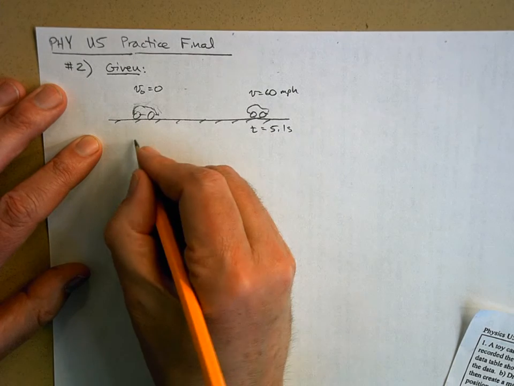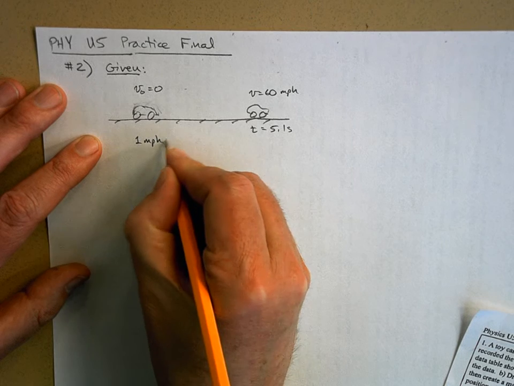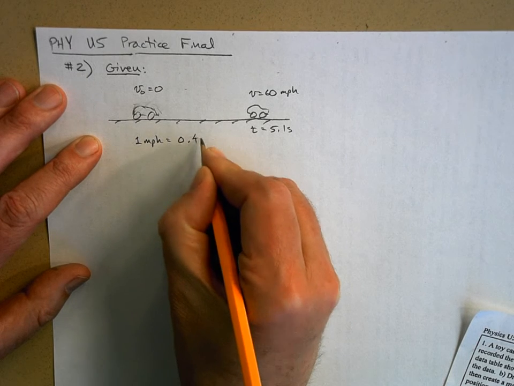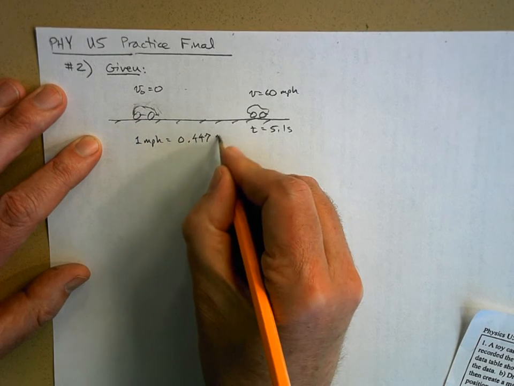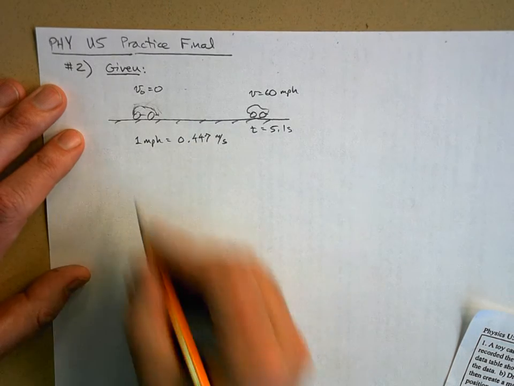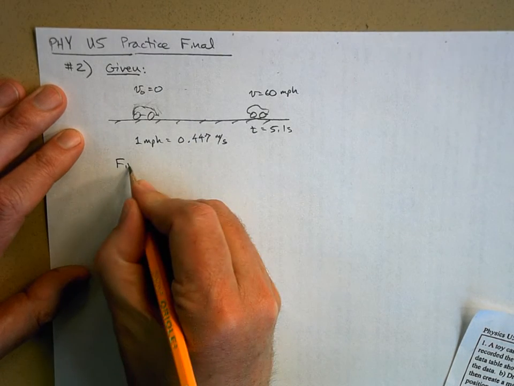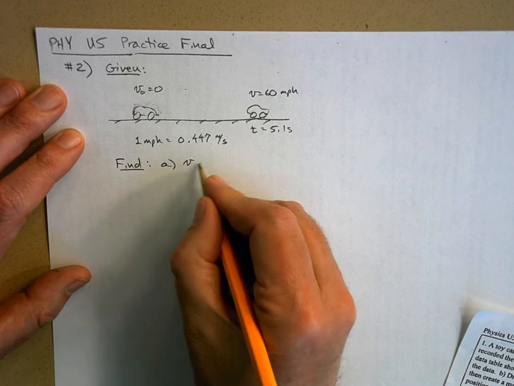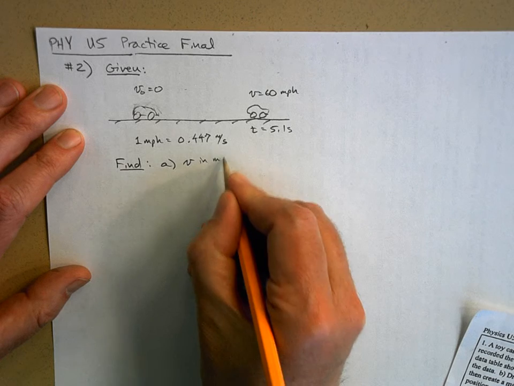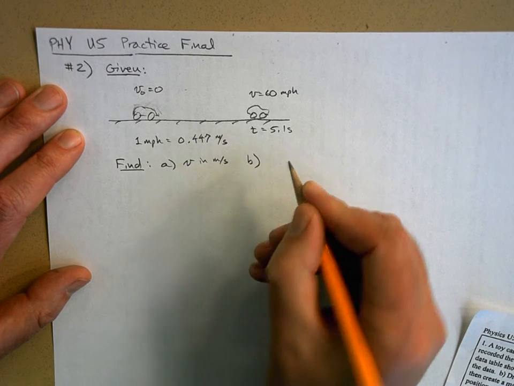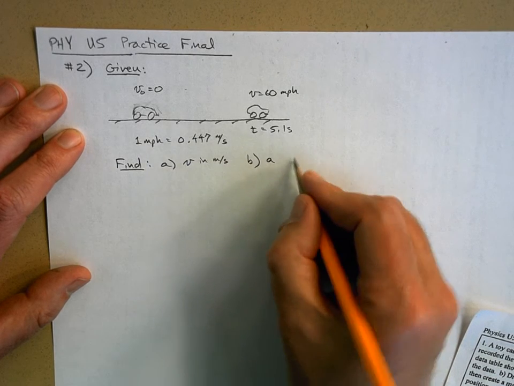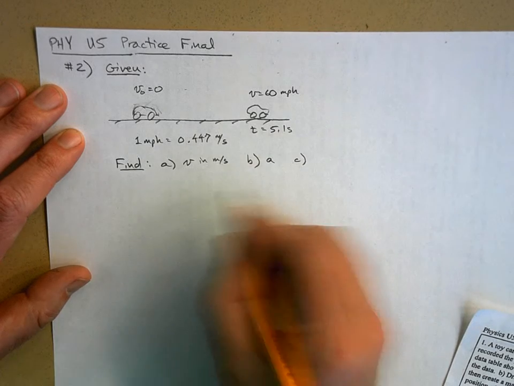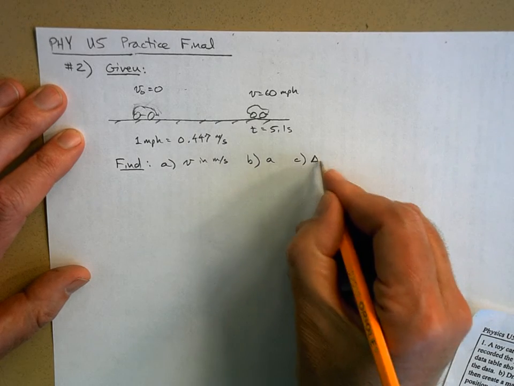And it's also given that 1 mile per hour is equal to 0.447 meters per second. And what are we trying to find? A, we want the final velocity in meters per second. B, we want to know what is the acceleration. And C, we want to know how far the car went. That would be delta x.